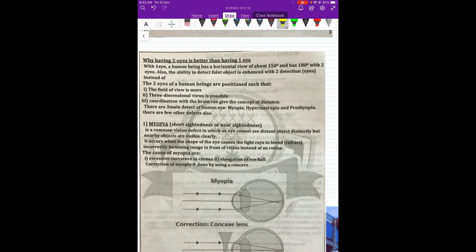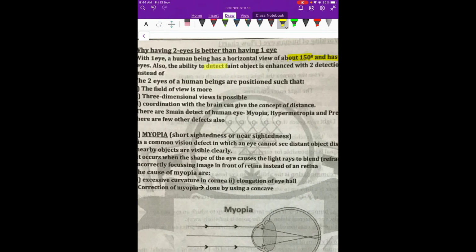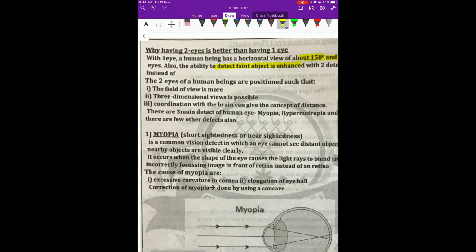With one eye, the horizontal view is 150 degrees. But if you take two eyes, the vision becomes 180 degrees. Other than that, with two eyes, the ability to detect faint objects is enhanced.